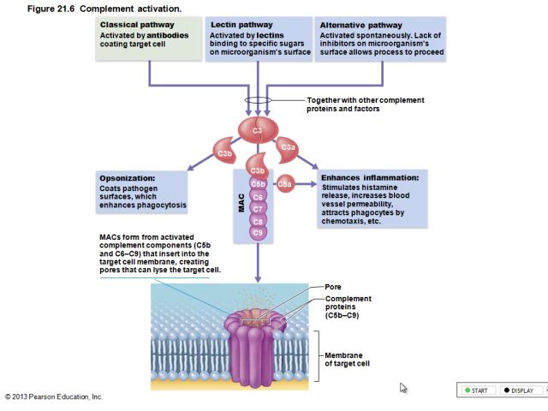Again, microorganisms and their surface chemicals can do this. When an antibody is attached to its specific antigen, that can activate complement. And when complement is activated, it's sort of like pushing the superhero button. We take all of those separate little proteins, and we see them listed here, and we create a complex.